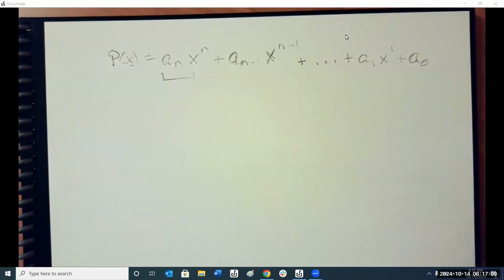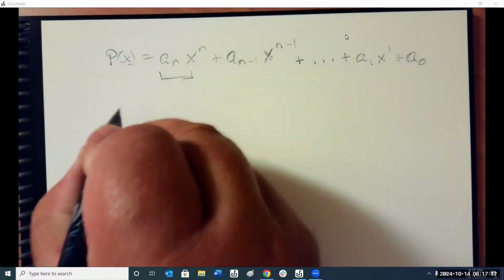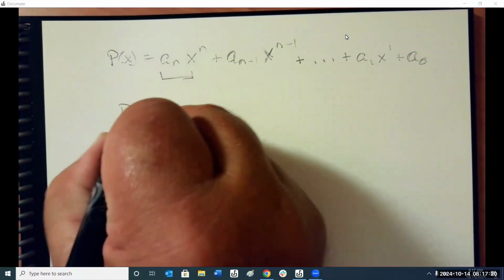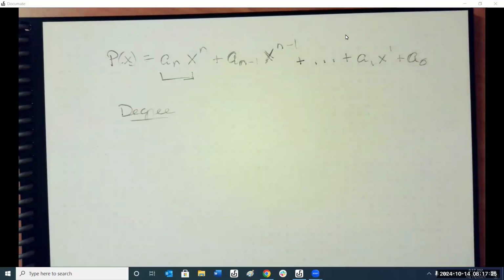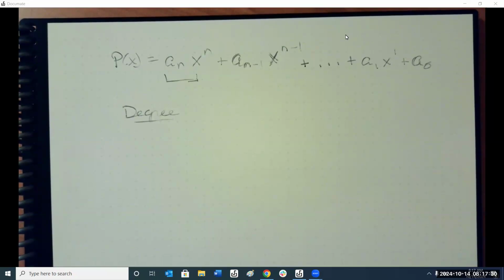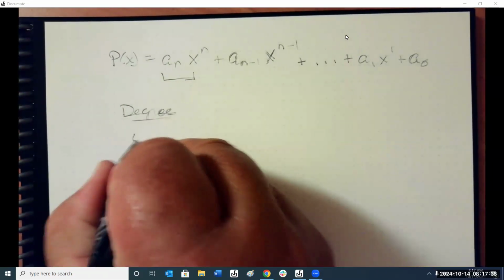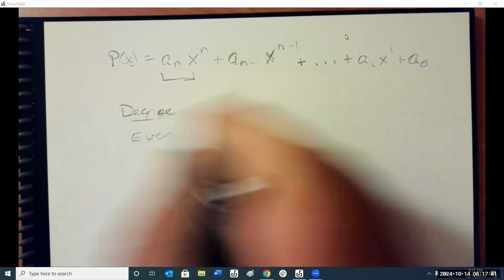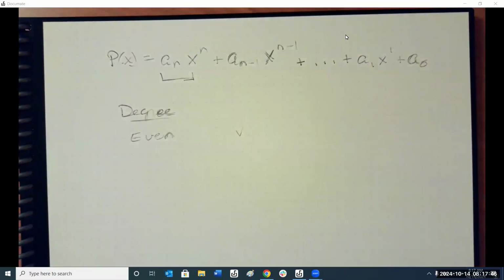The leading term dictates everything when it comes to the graph. Now, if the degree is even versus odd, that's going to give us something unique about our function. So is the degree even versus odd?